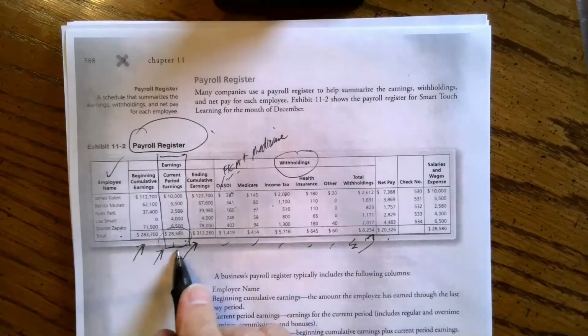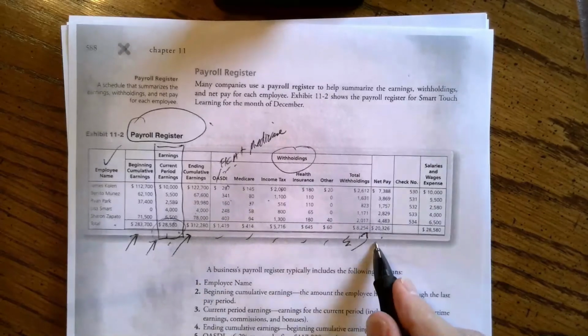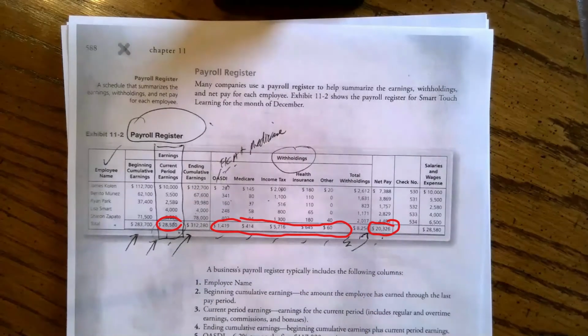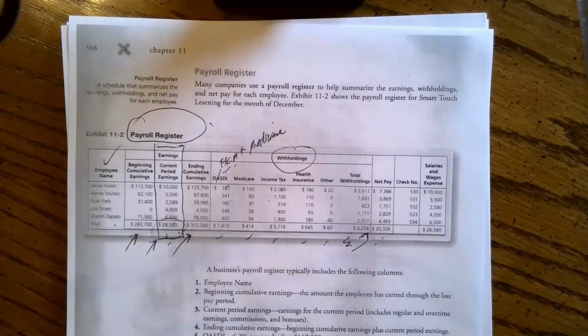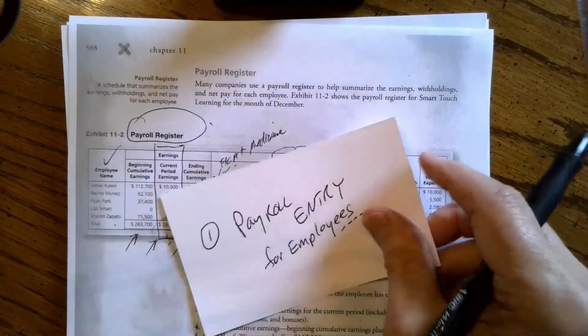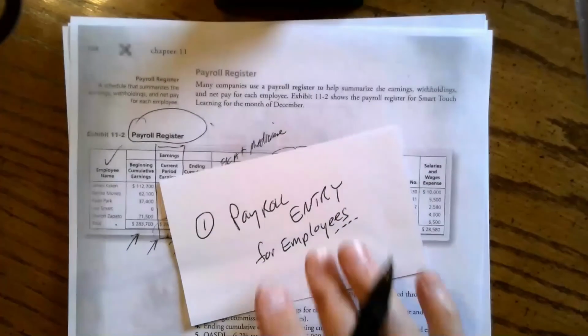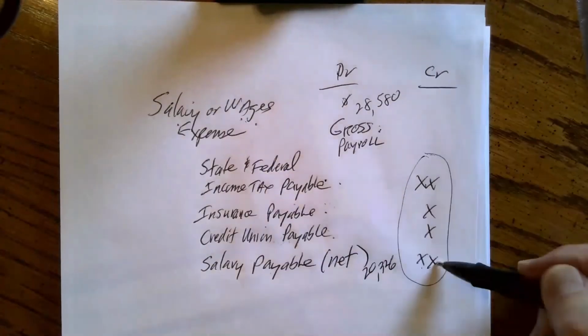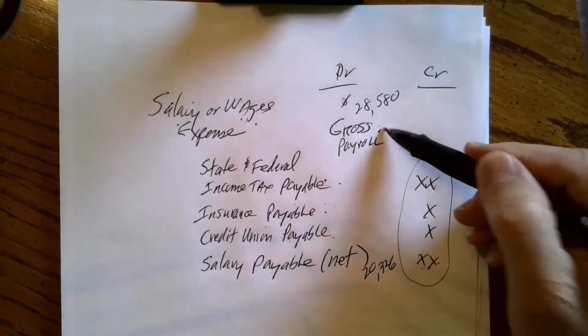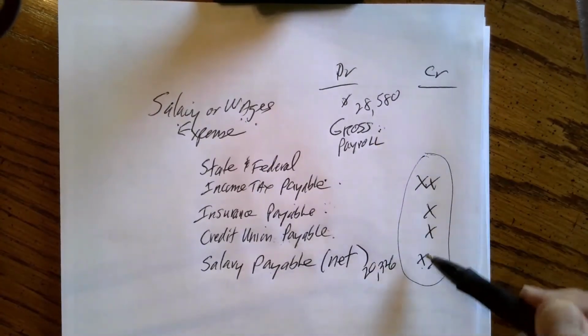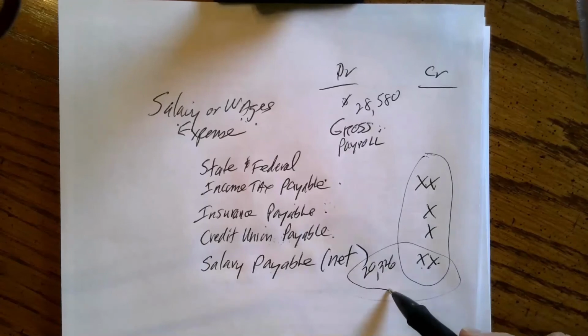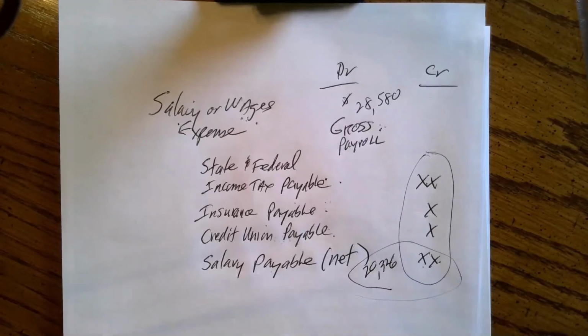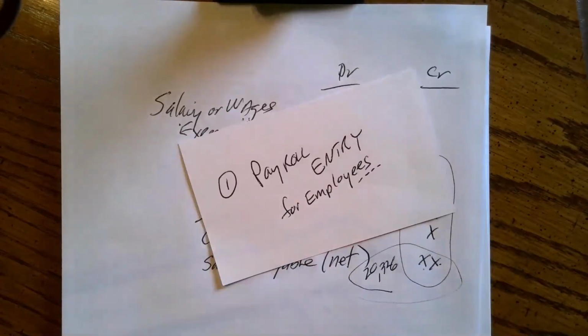But the bottom lines here become the basis for recording that first journal entry. All the information in that first journal entry comes directly from the payroll register. Summary totals, all employees, all withholding, a summary of all net pay for all the employees in that first journal entry, direct from the payroll register.